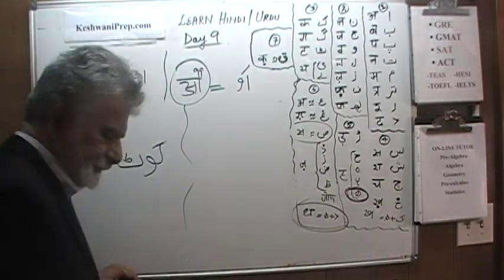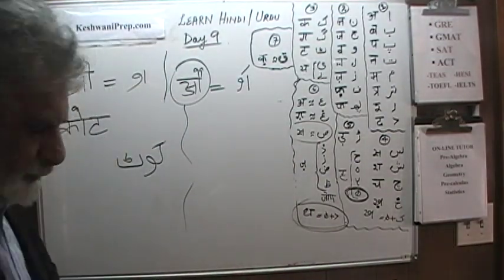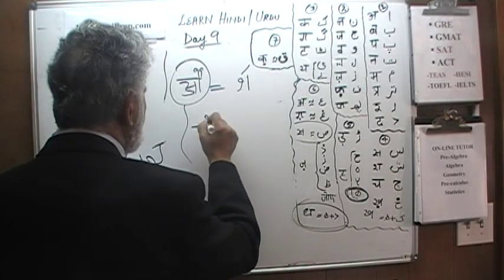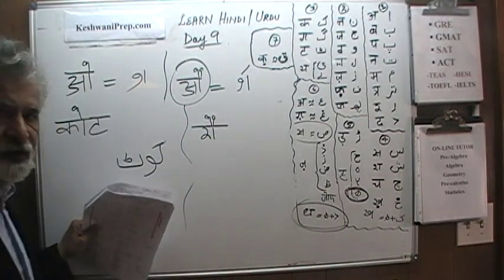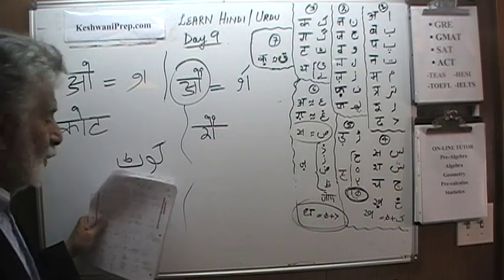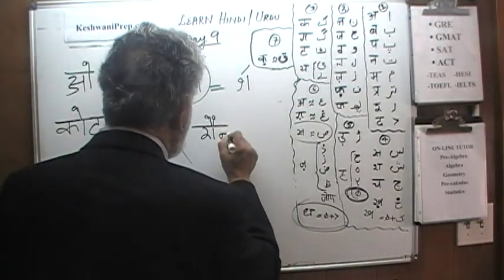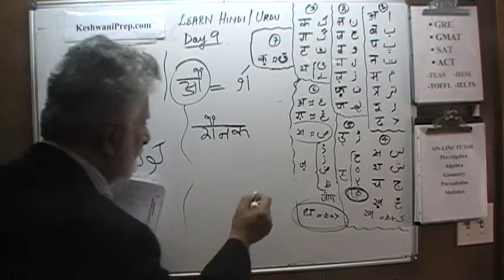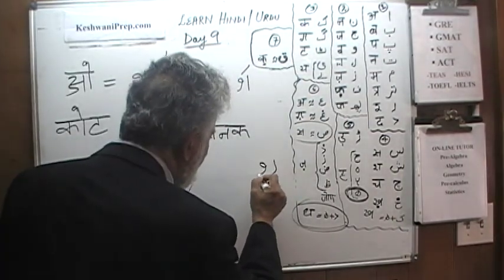Let's write the word. So we have two of them. So that tells us it's not a row, it's row. Ro, na, ka. Ronak. Re, wow, and then forget the zabar.